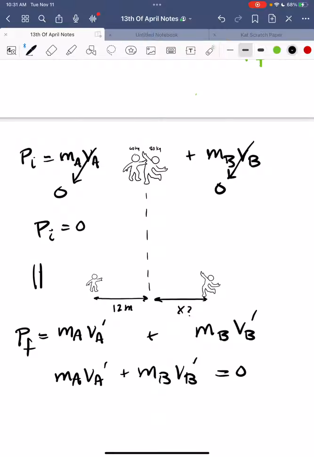Well, that's convenient because then I can put one of these terms on the other side. So I can subtract from both sides the mass of B times velocity of B. And so now I get mass of astronaut A times velocity of astronaut A equals the negative of mass of astronaut B times velocity of astronaut B after the push. So I have something like that.